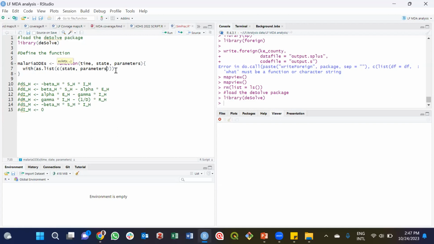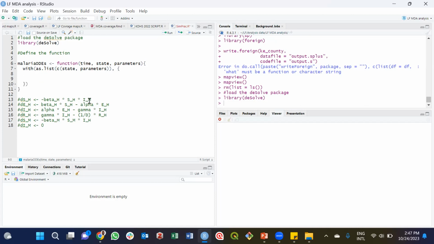So we open that function. We need to open another function. So yeah, with those, and then we open another one. I hope that's the case. Yeah.